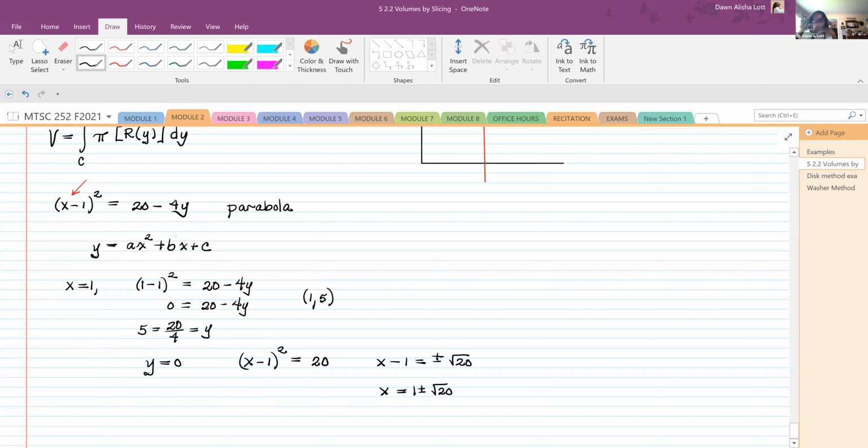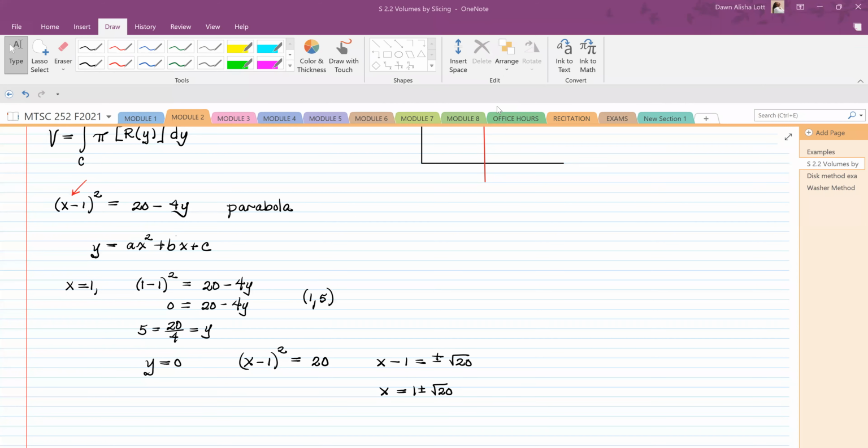So the question is, where is that? This is a problem that is not very easy to graph.